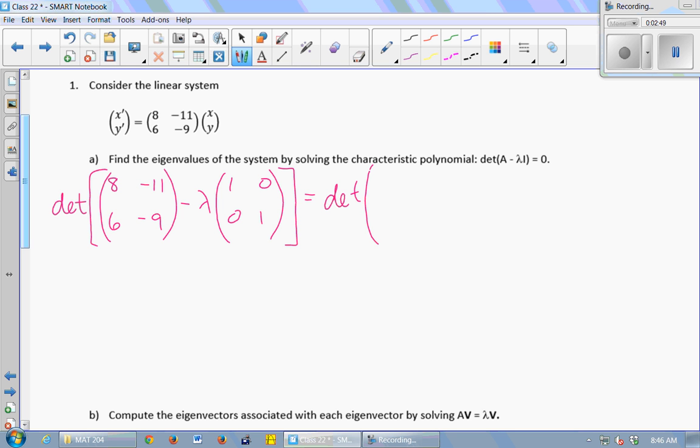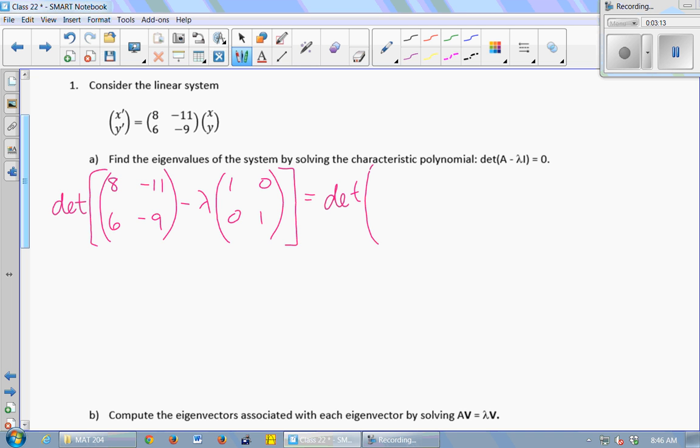I'm going to do all of this that's in the big square brackets in my head. When you distribute the lambda to every term in this identity matrix, you get lambda, 0, 0, lambda. And when you subtract matrices, you subtract corresponding components: upper left minus upper left, upper right minus upper right.